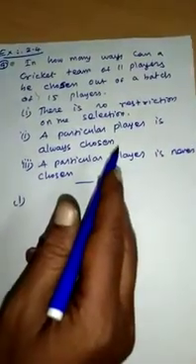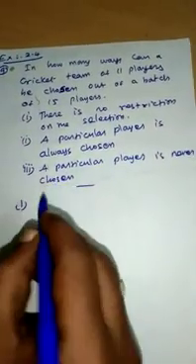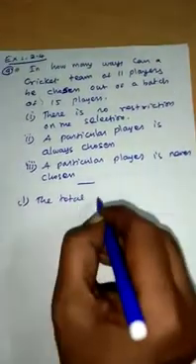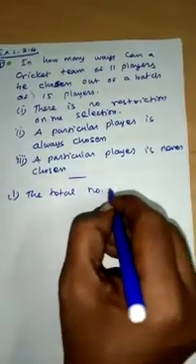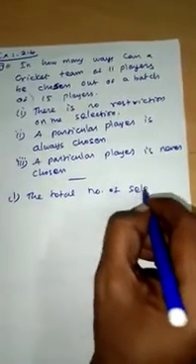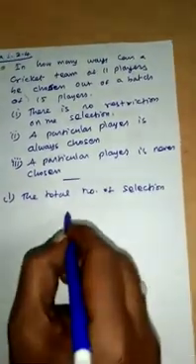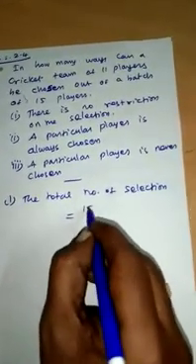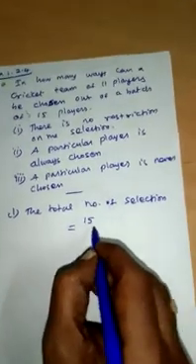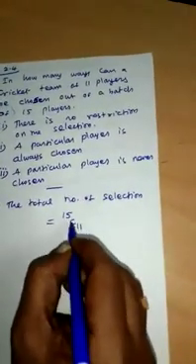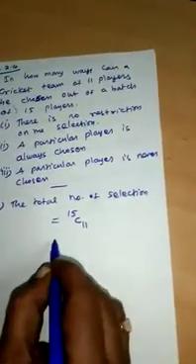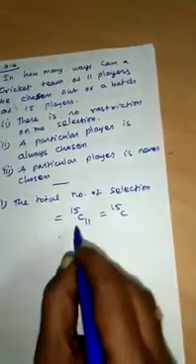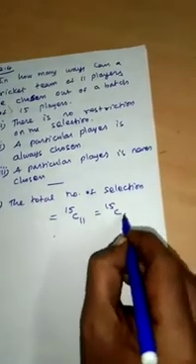Then first question, there is no restriction. The total number of selections. 15 players, we must choose 11 players. That is 15C11. It is equal to 15C(15 minus 11) is 4.